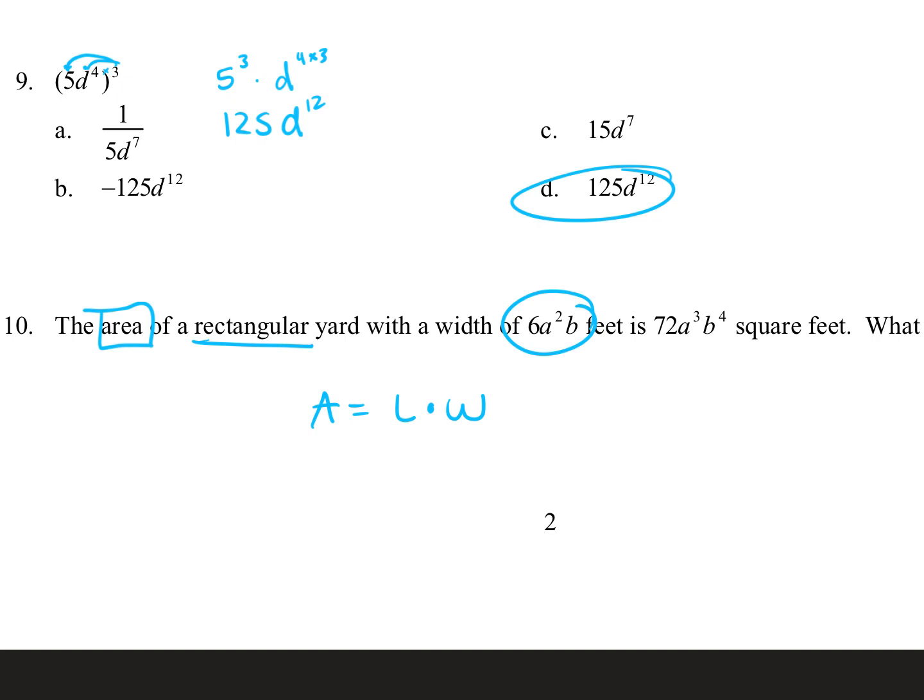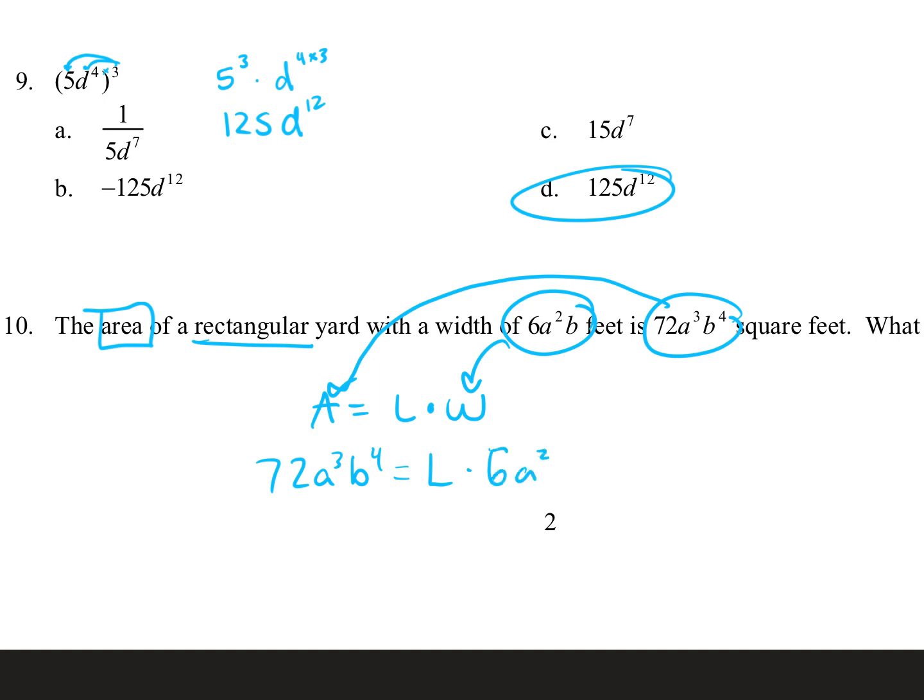So it gave me the width, so I'm going to plug that in for my width. And it gave me the area, 72a cubed b to the fourth, so I'm going to plug that into A. So I have 72a cubed b to the fourth power is equal to the length times 6a squared b.